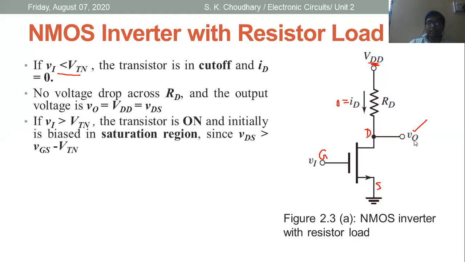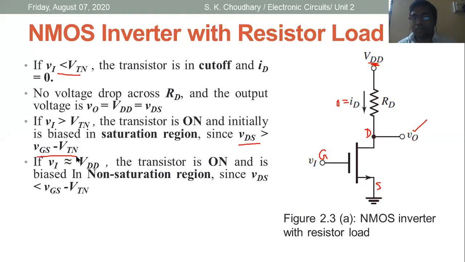Now the second condition, when your Vi is greater than the threshold voltage, your transistor is on. When you turn on the transistor, it is initially biased in the saturation region. And what is the condition for the saturation region? VDS should be greater than VGS minus VT, or VDS should be greater than VDS sat.